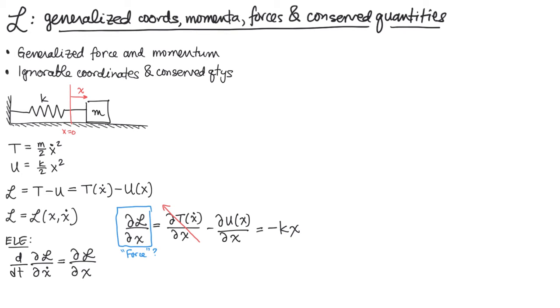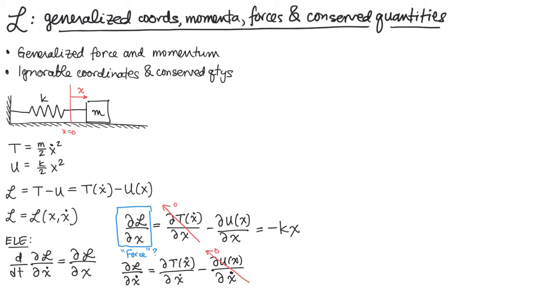How about the partial with respect to the velocity? Well, that would be the partial of T with respect to the velocity minus the partial of U with respect to the velocity. But U does not depend on velocity explicitly, so that term is 0. And we're left with the partial of kinetic energy.